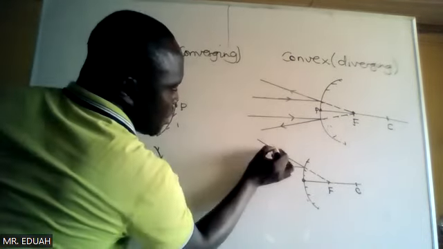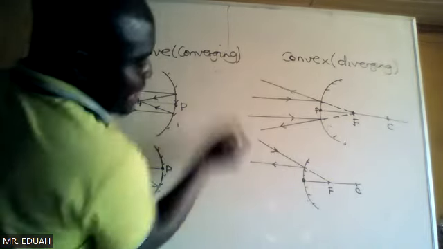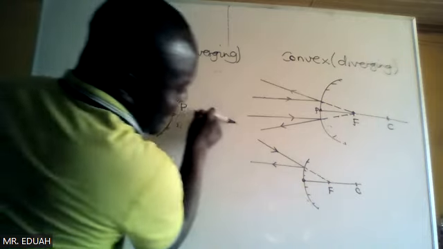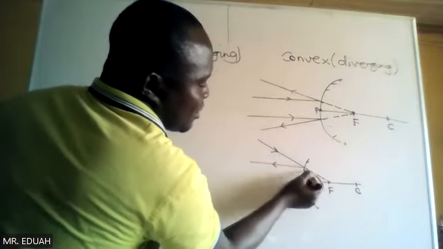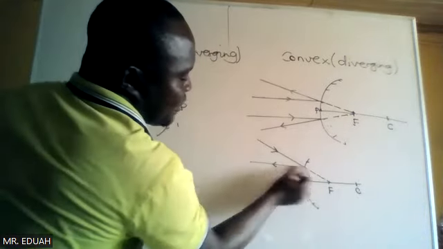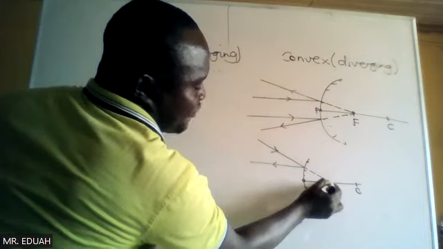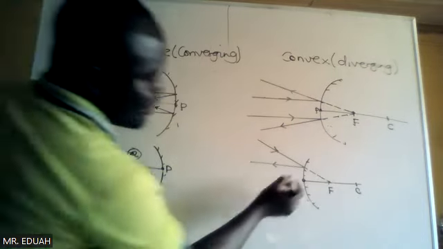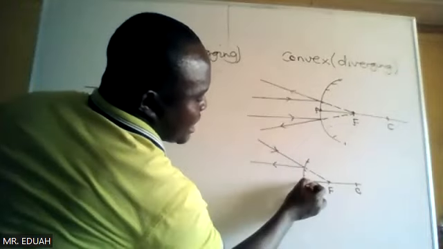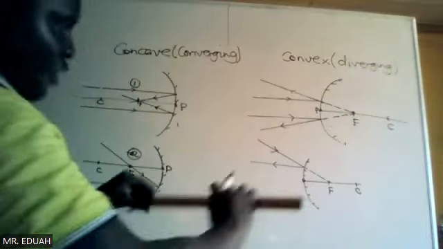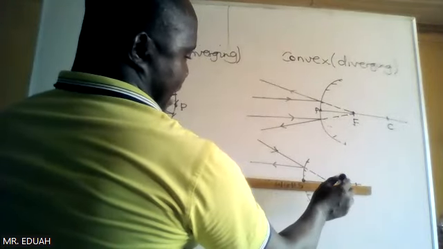Because this is virtual, the ray is coming from a source and appears to be passing through this. But this one will reflect. After reflection, when the ray appears to be passing through F, the reflected ray would have to be parallel to the principal axis. Please, there's the principal axis. For understanding's sake, let me extend the principal axis here.